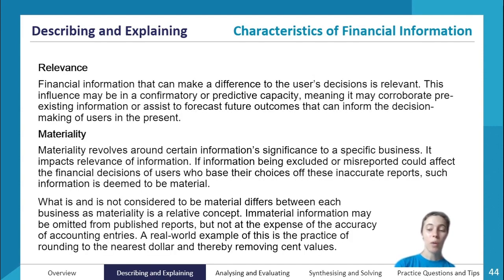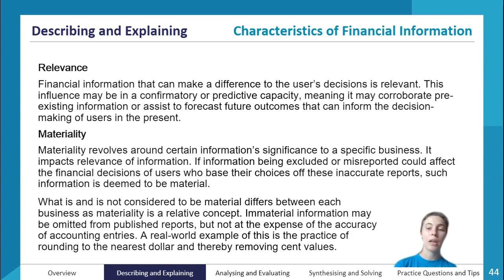So to start with, relevance. Financial information that can make a difference to the user's decisions is relevant. So the influence may be in a capacity that's confirming something or helping to predict something.